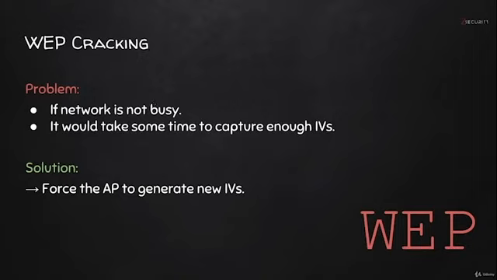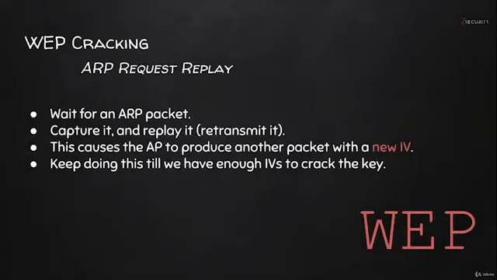Now, there are a number of ways to do this, but in this course, I'm going to explain the most reliable method, which is using an ARP request replay attack. I actually explain other methods in my network hacking course, but they are a little bit more complex and have less success rate. So this is the most reliable method, and it should work against most networks if you have a good signal and a good wireless adapter.